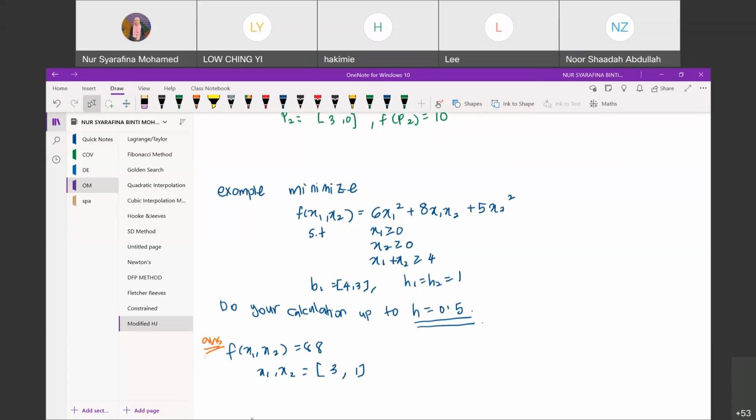But that one I'm not going to ask in your final, but I will give you the notes in the recording later on. The penalty function is not included in your final exam, but I'm just going to give you the notes for your knowledge.